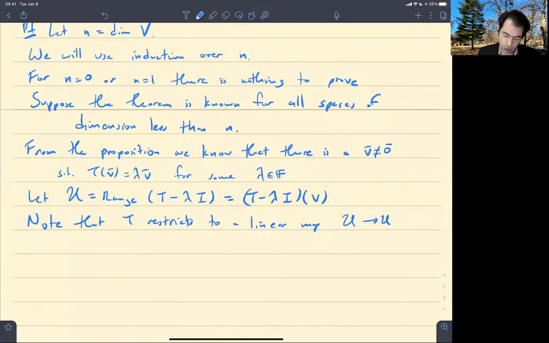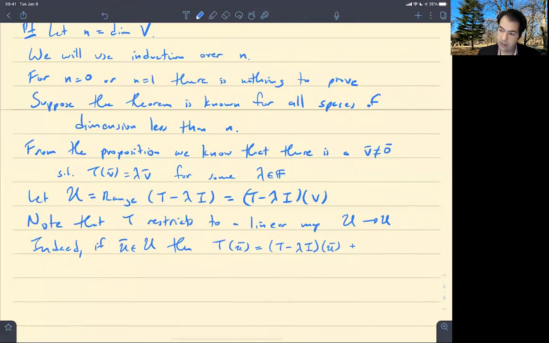So why is that? Well, indeed, if you give me a vector little u in capital U, then I can write T of little u, remember, this is something I want to show is in capital U, as T minus lambda times the identity applied to u plus lambda times the identity applied to u.